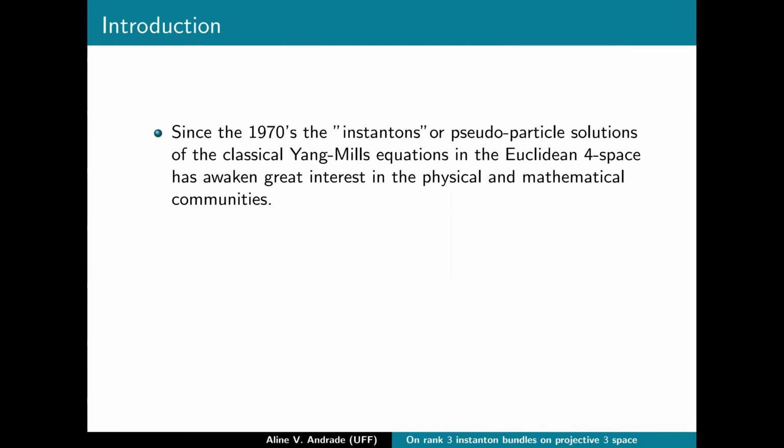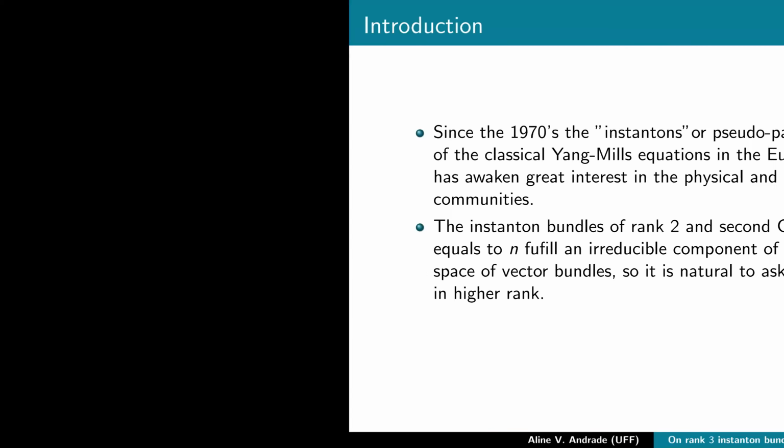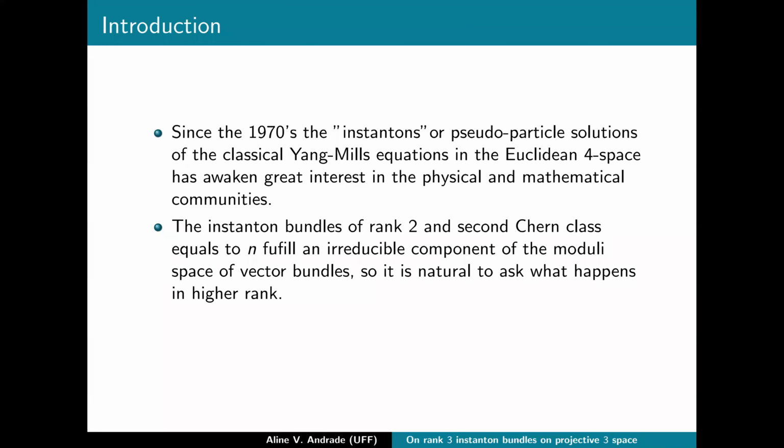But one of the good things that we have is that the instanton bundles of rank 2 and second Chern class equal to n fill out a irreducible component of the moduli space of vector bundles. So these bundles appear naturally when we study the moduli space of vector bundles in general. So it's natural for us to see what happens when we work with higher rank.